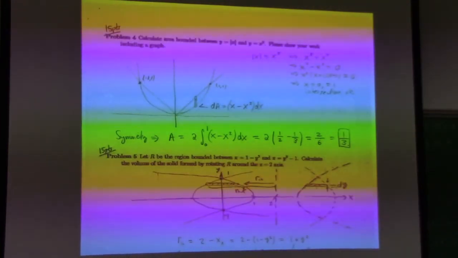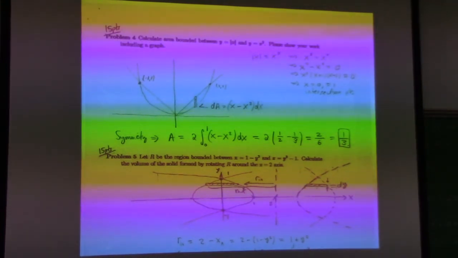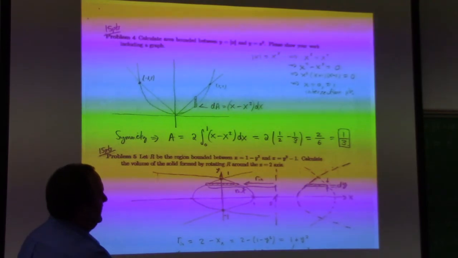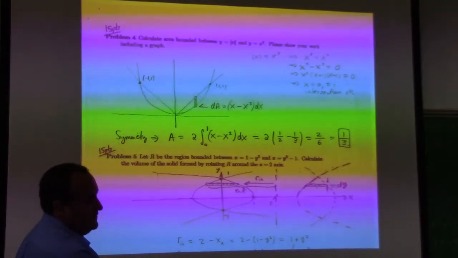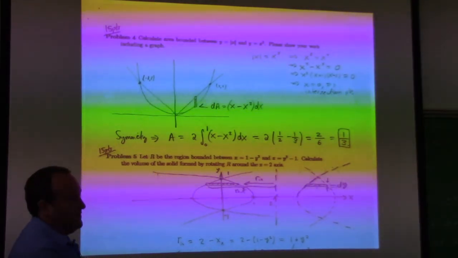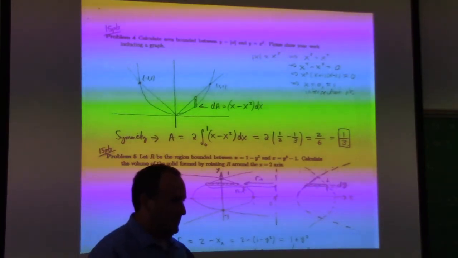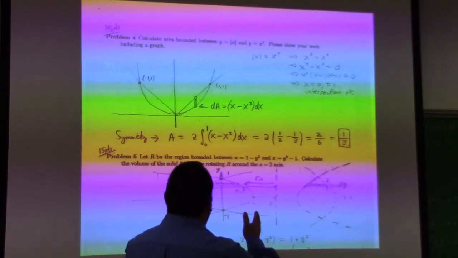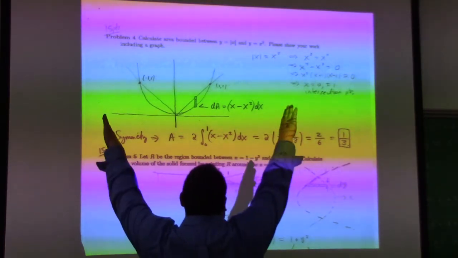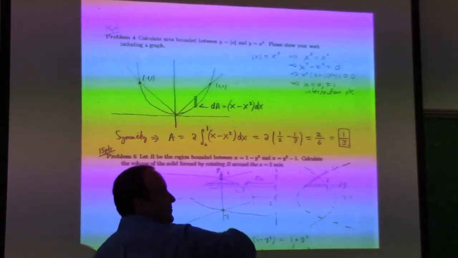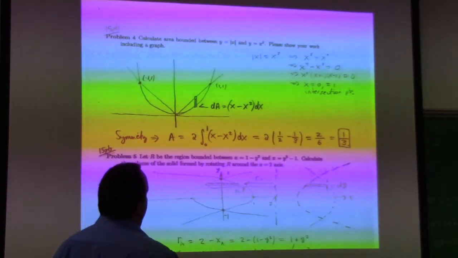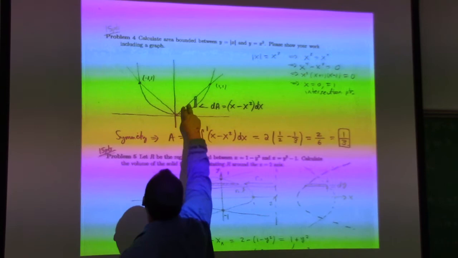Here we go. So calculate the area bounded by y equals absolute value of x and y equals x squared, right? As always, these problems start by drawing a graph. We have to understand the area which is being asked about. You've got the absolute value and the parabola. The parabola comes under it, and so there's two different regions. There's this piece, and then there's that piece.